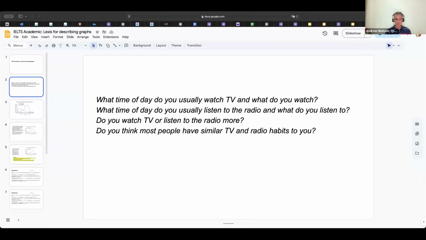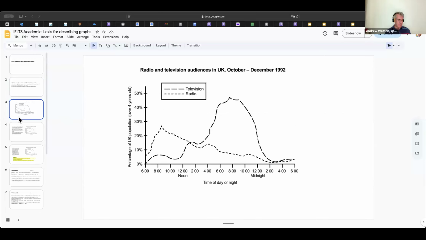Great. Okay. Now, let's have a look at this graph. This is a graph that shows how TV and radio audiences change throughout the day in the UK. Now, it's a bit old, but is it similar to your habits?